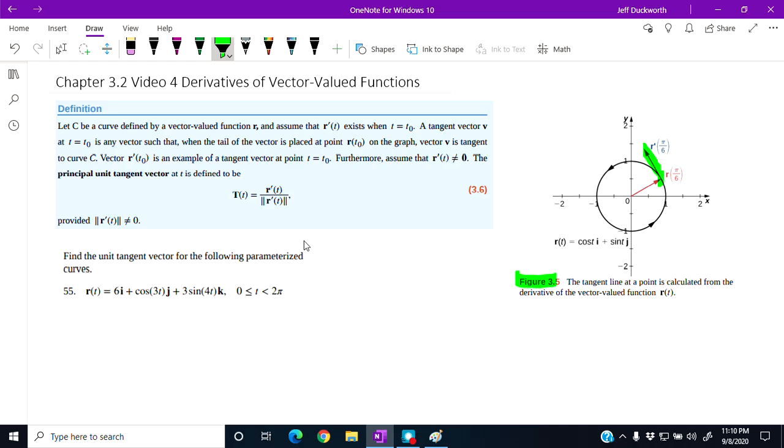So the initial point is touching the circle, and that is the only point that's doing it. It's moving off in a method tangent to that.